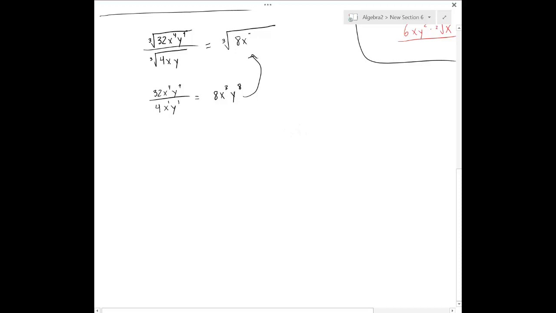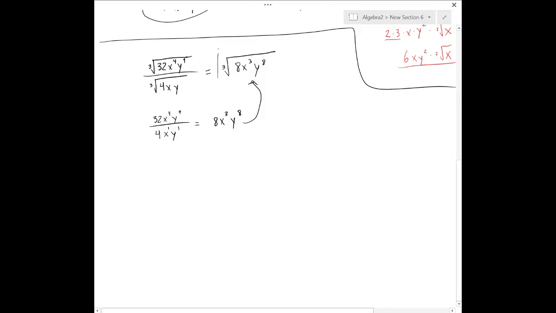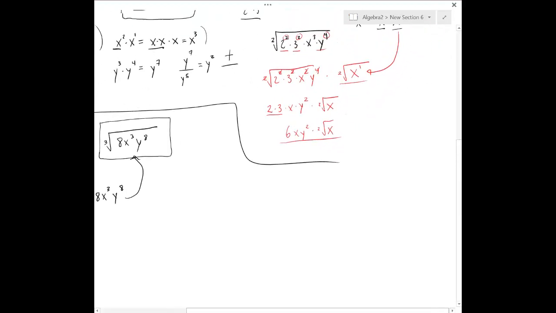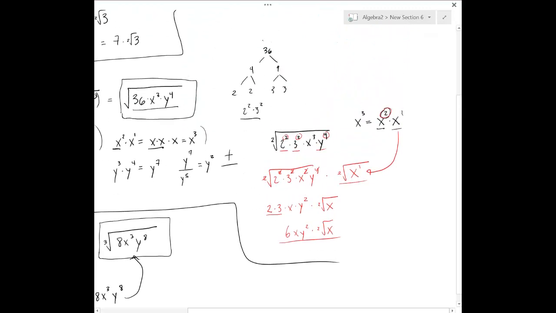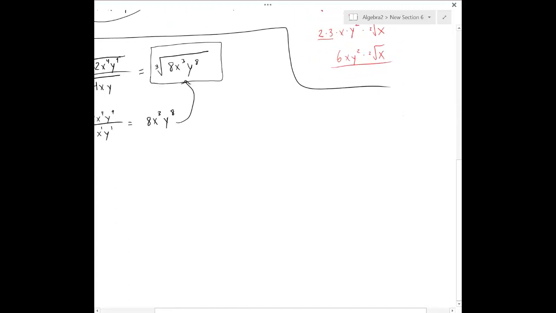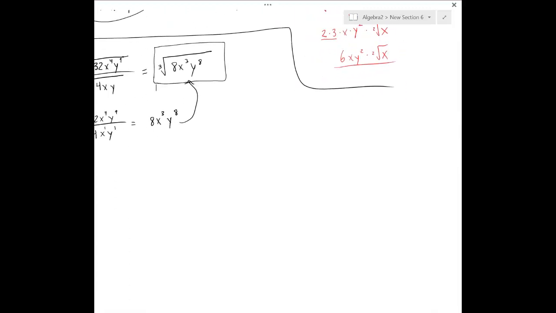And now again we come back to the case where we're just simplifying this, which is something that we're used to and we can do. So I'll fall back to this part now where I'm doing the factor tree. So let's do the factor tree for 8. I know it's overkill because we've already seen this so many times, but just for those that aren't too familiar with factor trees yet, it can be split up into 4 and 2, and this is because 4 times 2 is 8, and this can be split up into 2 and 2 because 2 times 2 is 4.